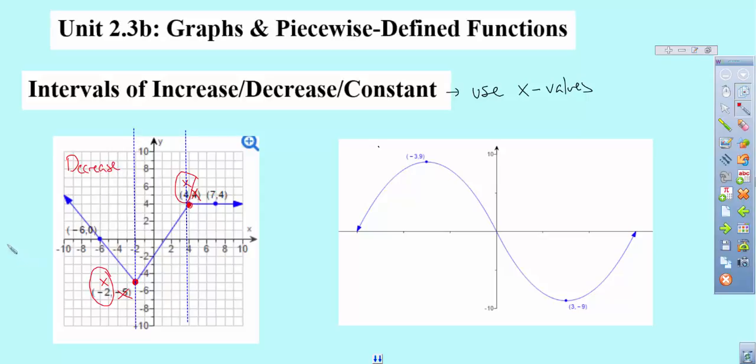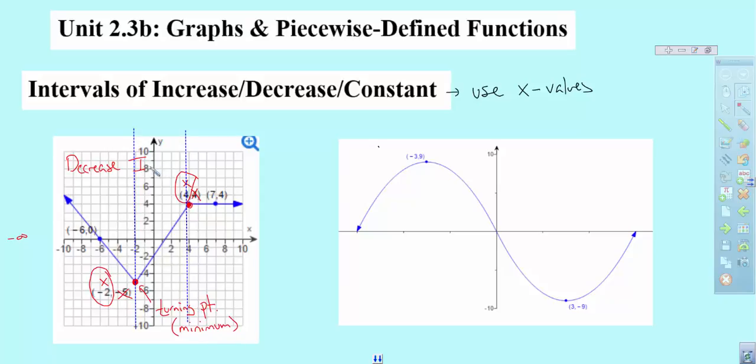Because as I move across this graph, as I go from negative infinity across, the graph is coming down. It's decreasing, it's decreasing, it's decreasing. As I turn the corner at that low point, the spot right here, which would be called a turning point, in this case that turning point is a minimum.